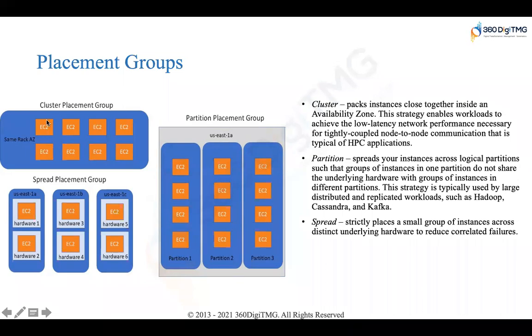Cluster means you are getting a pack of EC2 instances, and all these EC2 instances will be in the same availability zone and also in the same hardware. Underlying hardware rack is also the same. Hardwares are arranged in racks. All these 7 EC2 instances will be placed in the same rack of hardware and also in the same availability zone. Why we need this?